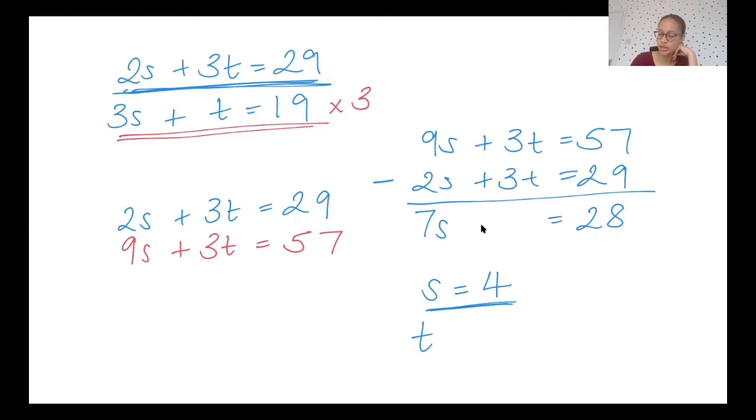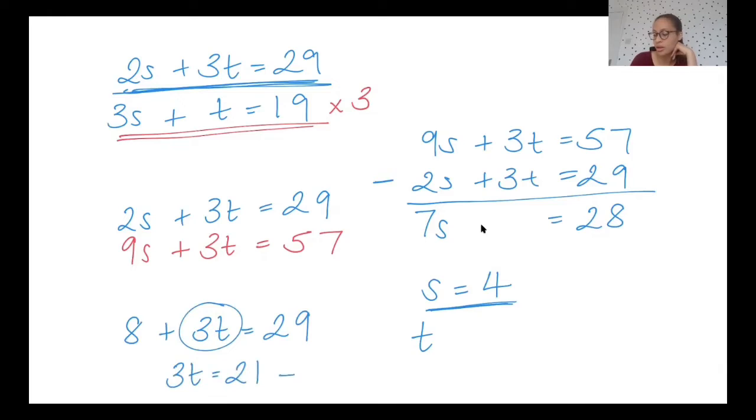So 2 shirts cost £8 then, and 3 tops, sorry, cost 29. So together that's 29, which means this must be 21. So 3t equals 21, and therefore t equals 7.